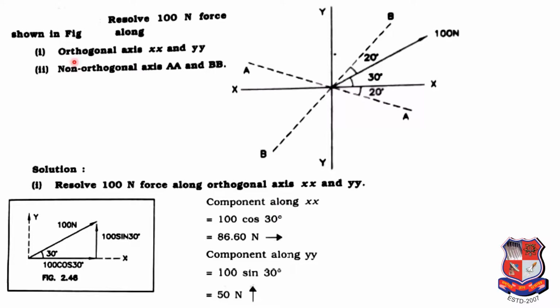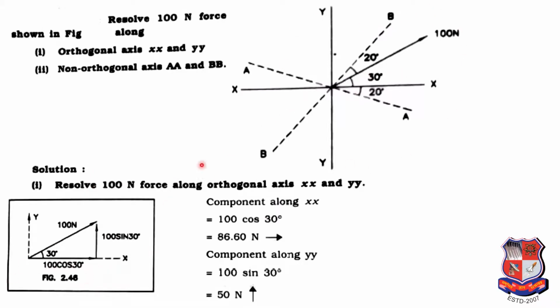Resolve the 100 Newton force shown in the figure along orthogonal axes XX and YY, then non-orthogonal axes AA and BB. Here you can see XX, YY, AA, BB. So what will be the solution? We just simplify that figure over here.